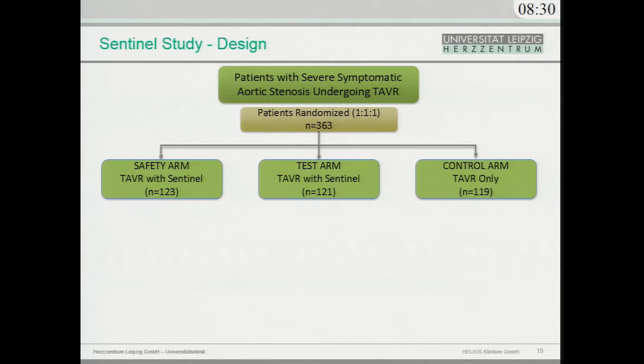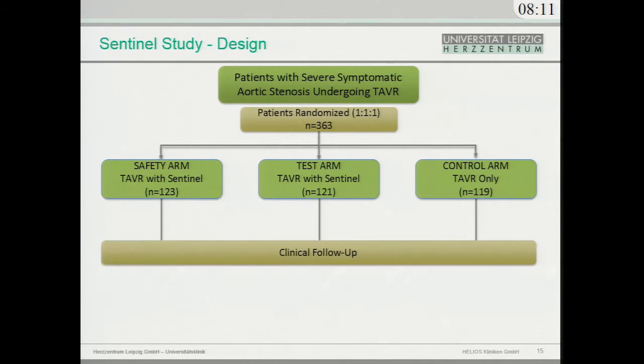And then there is the test arm where patients were collected who underwent TAVR with the Sentinel device in place. And then there is the control arm on the right side. These are patients where only the TAVR has been performed, but without the use of the Sentinel device.